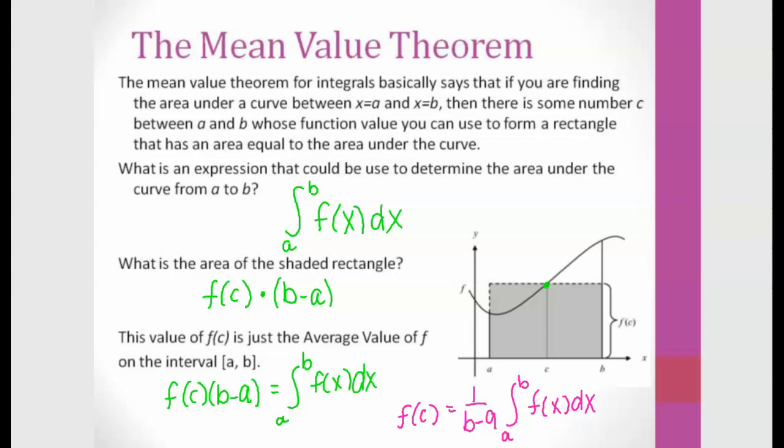So the mean value theorem for integrals basically says that if you are finding the area under a curve from A to B, then there is some number C whose function value will equal the value of the average value.